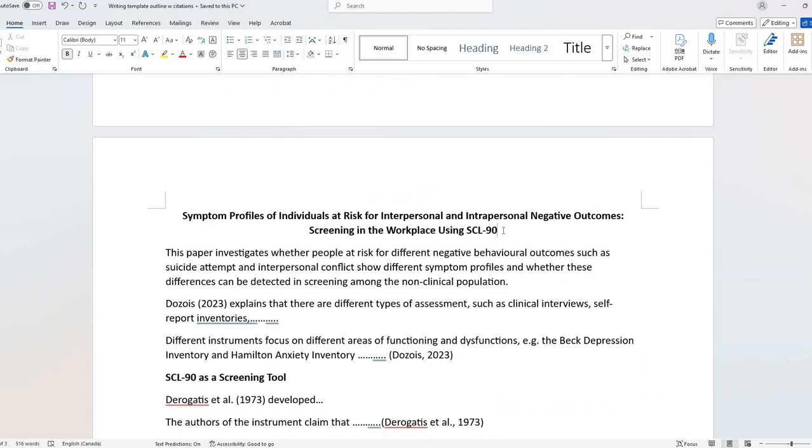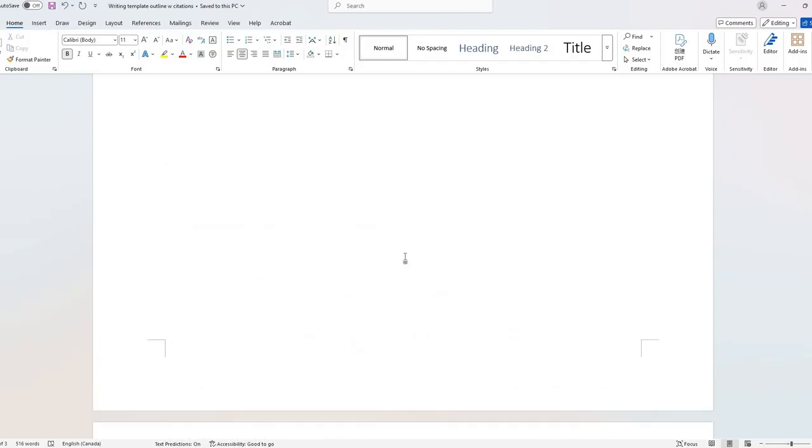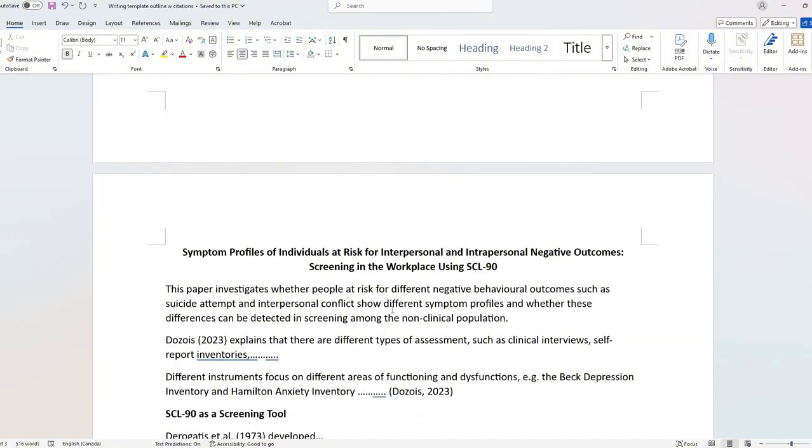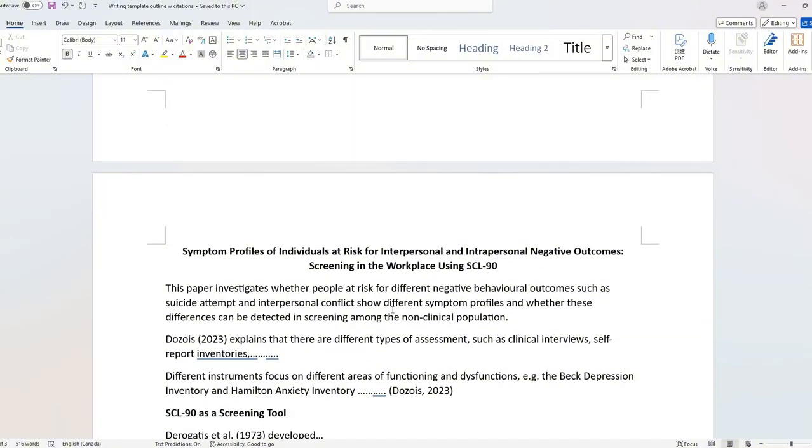Introduction. Well, the first part of your paper is the introduction, it's the intro. Sometimes we call it an overview of the paper, but in the APA style, we don't use the word introduction. We use the title as a de facto introduction. What do we write in the introduction? We write a thesis statement.